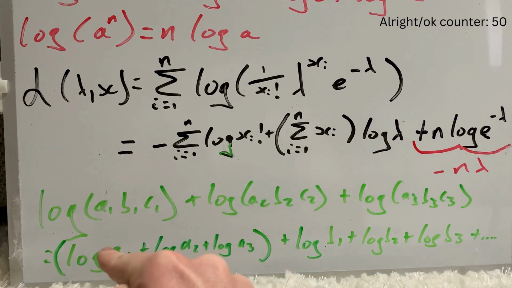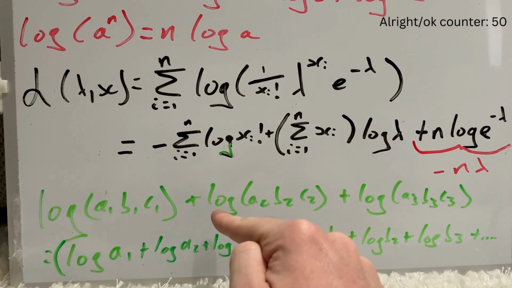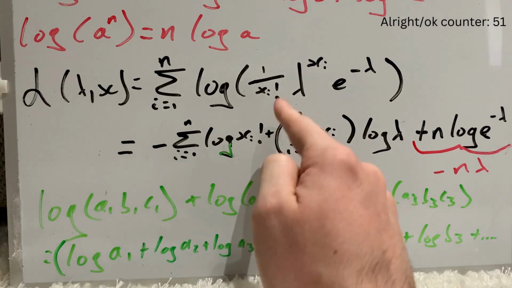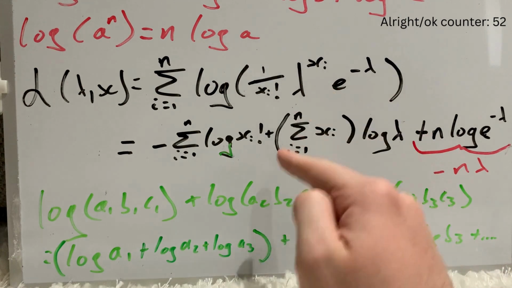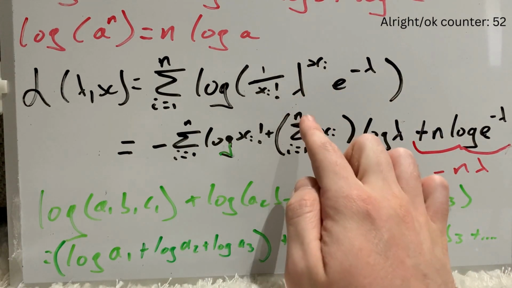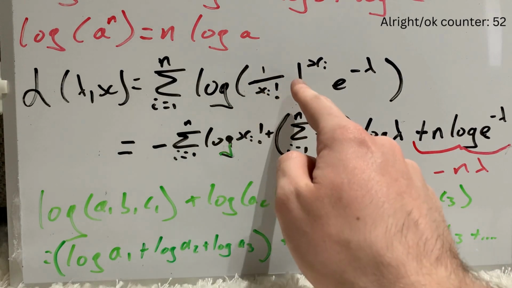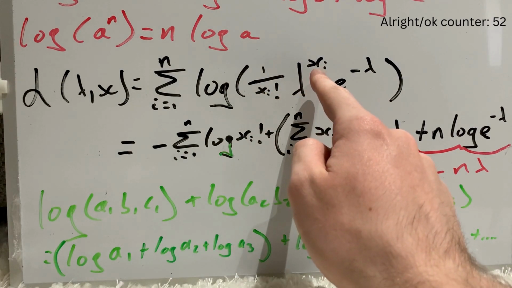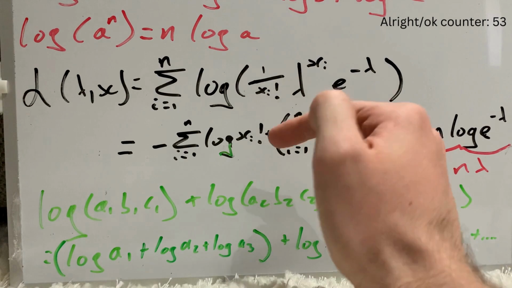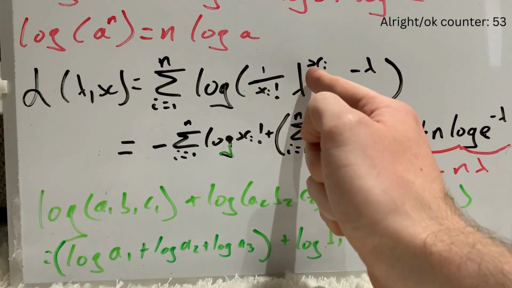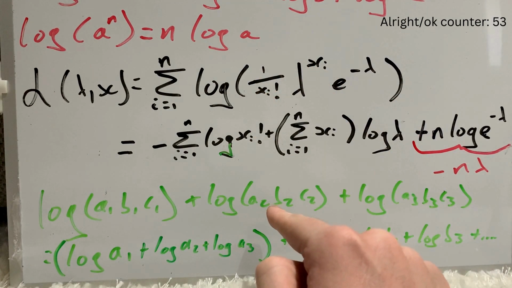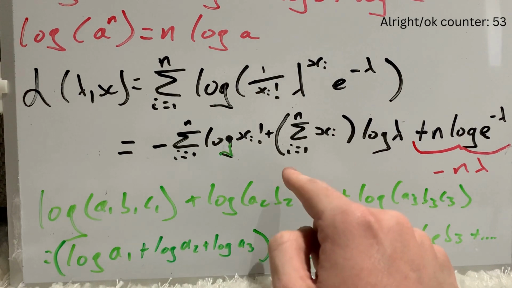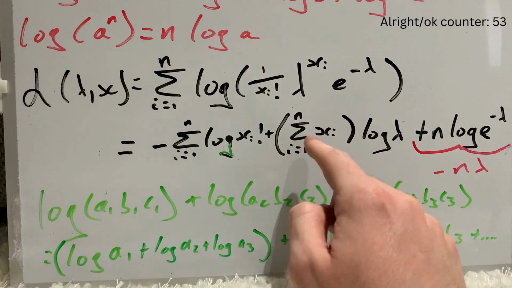We've got the sum of the log of A's. Next, we do the same thing, but this time with the lambda to the xi. So we split it up. We've got the sum of the log of lambda to the xi's. But since every time we're adding the log we have a power of xi, we take the xi to the front, so we're adding together log lambda, and the coefficient is just going to be the sum of the xi's.